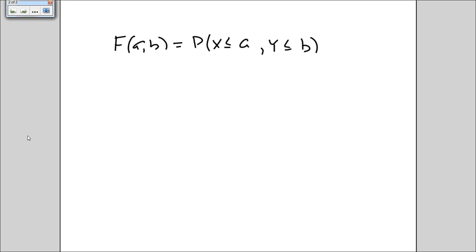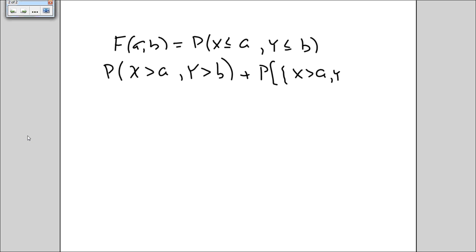So the question is, what is the probability that X is bigger than a and Y is bigger than b? Well, remember, if you add the complement of X is bigger than a and Y is bigger than b, you get 1.